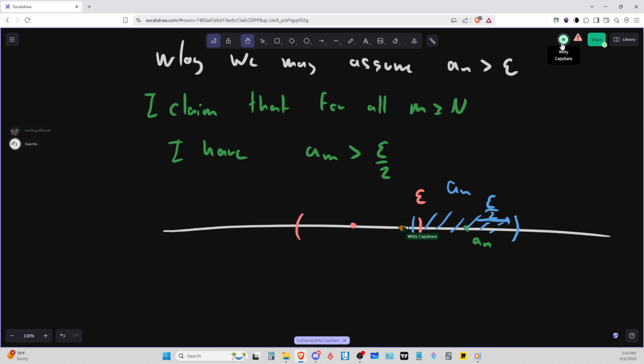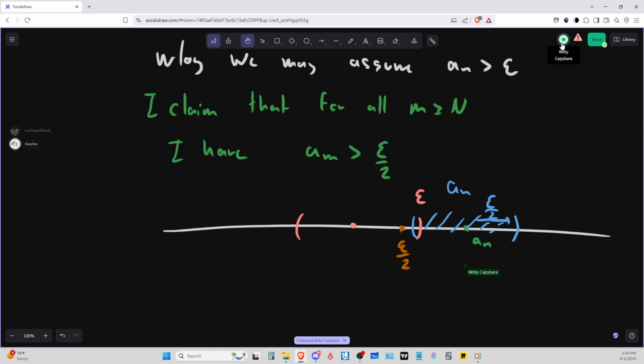Epsilon over two will be somewhere there, and so all the points in the blue region will be bigger than epsilon over two. So this is the picture.